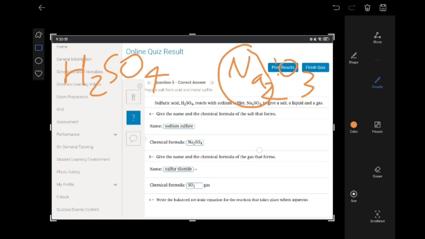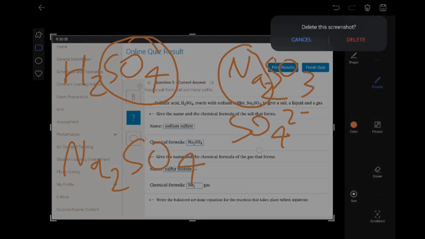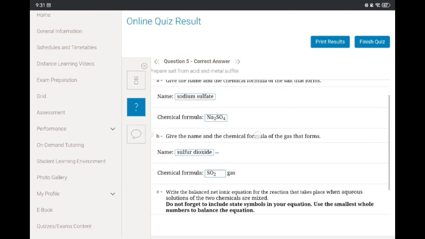You take here the Na, take here the SO4, Na2SO4. And you keep it Na2 because it's SO4 2 minus. Same with SO3. Okay. So here it's Na2SO4 and sodium sulfate.